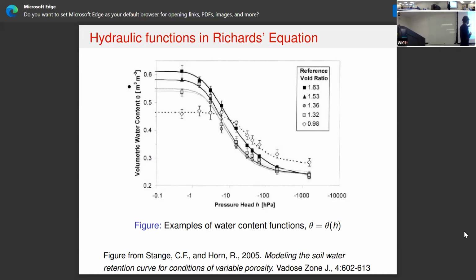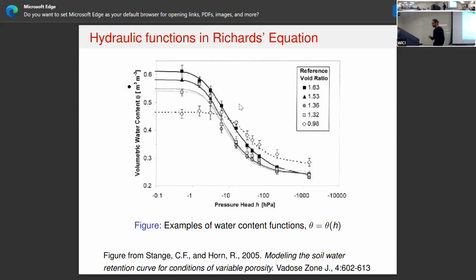So this is usually the profile of the water content with respect to the pressure head, H. So clearly this is a nonlinear relation between these two quantities that, I mean, based on this kind of behavior, we try to determine which kind of hydraulic functions might be more meaningful.